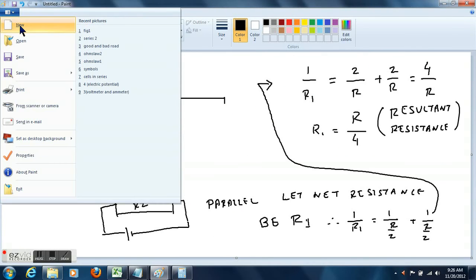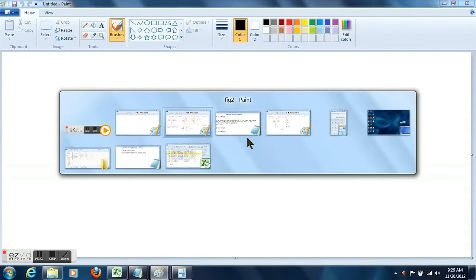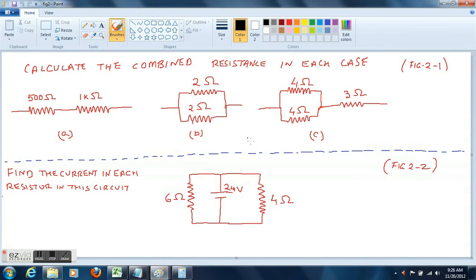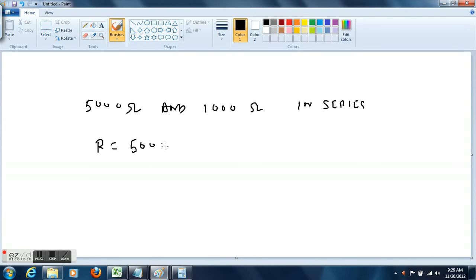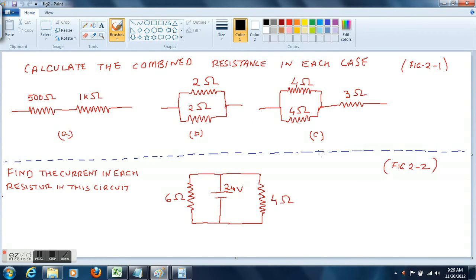Let me pull up a new board. Now calculate the combined resistance in each case.